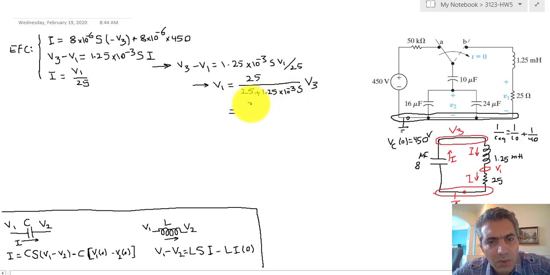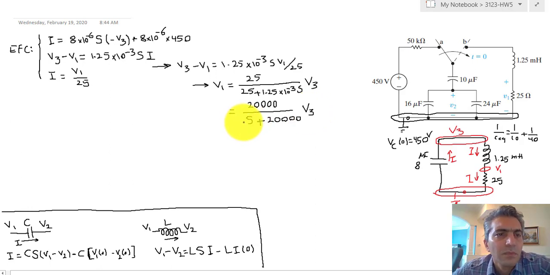So that becomes 20,000, and down here you get S plus 20,000, times V3. That's V1. So now we have this relationship between V1 and V3.